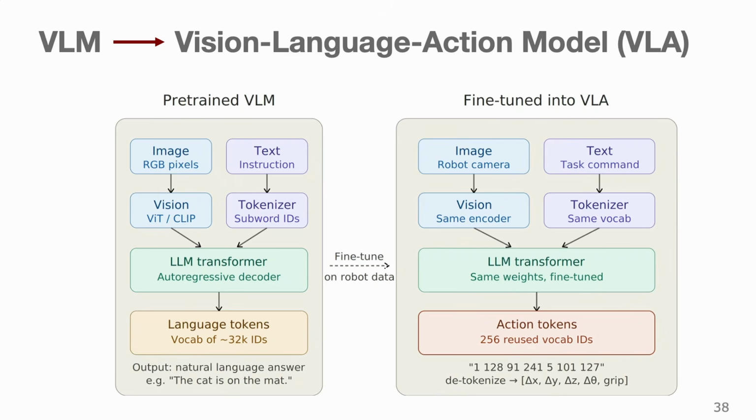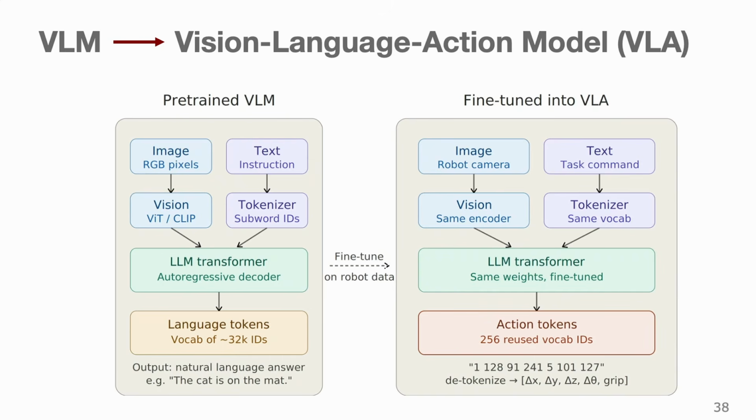So you have this VLM architecture, and what you do is you tokenize your robot actions and inject these into your LLM vocabulary. One common approach to do this is that you can override the less frequent tokens in your vocabulary with these new action tokens.